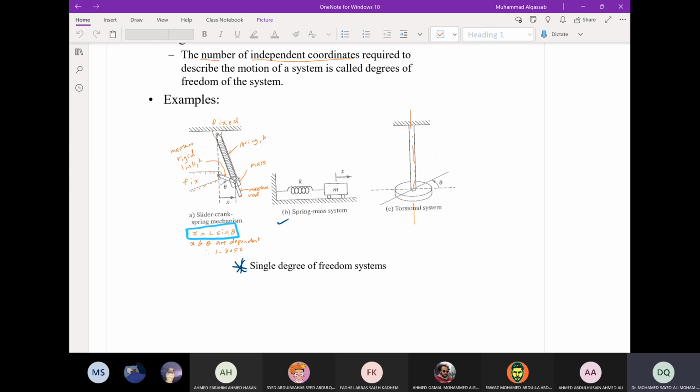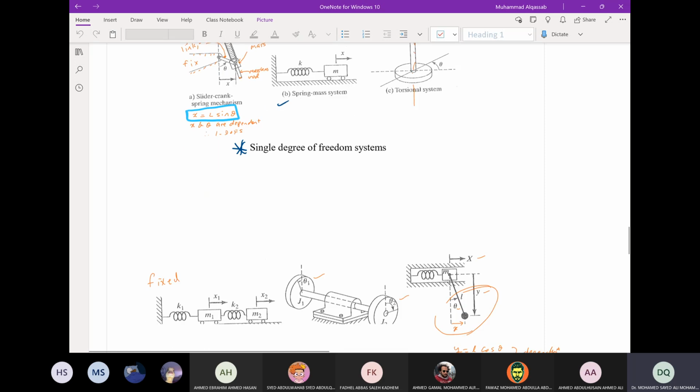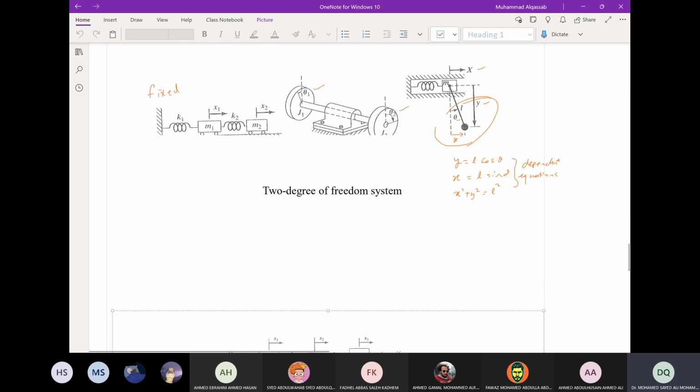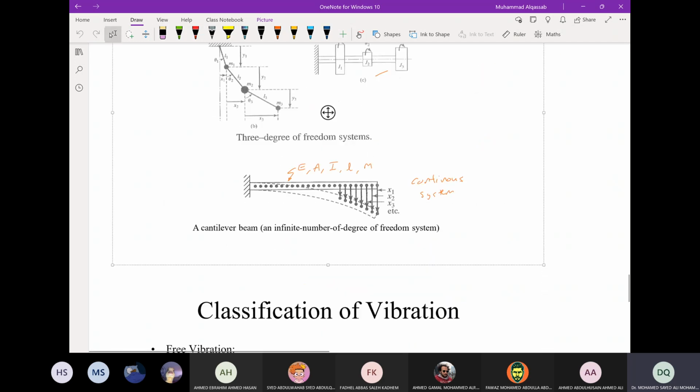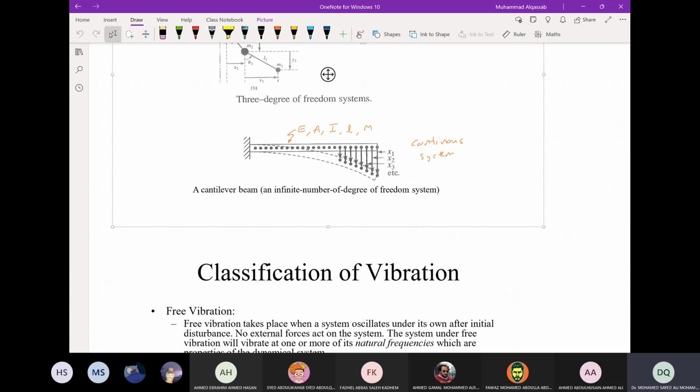So we call it discrete, or rigid bodies. By increasing masses and springs, we increase the degrees of freedom. So it's called a discrete or lumped mass parameter system, until we reach the continuous system.